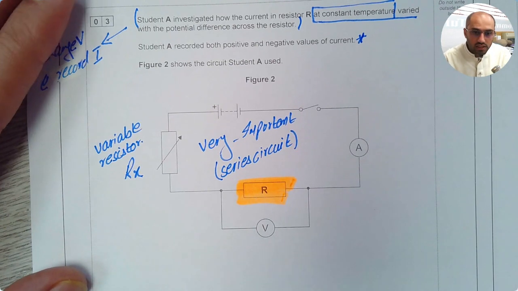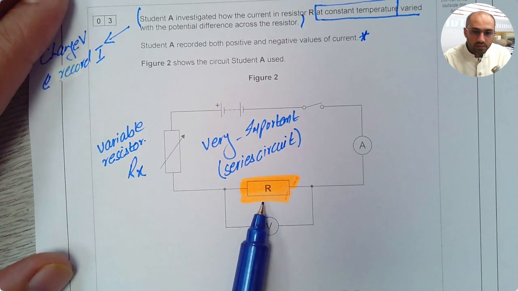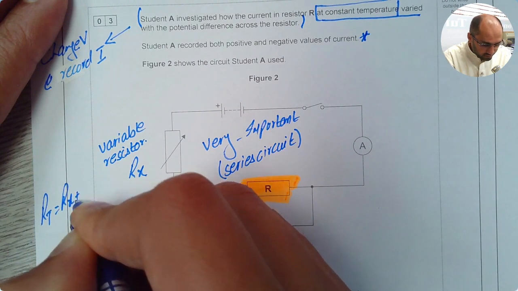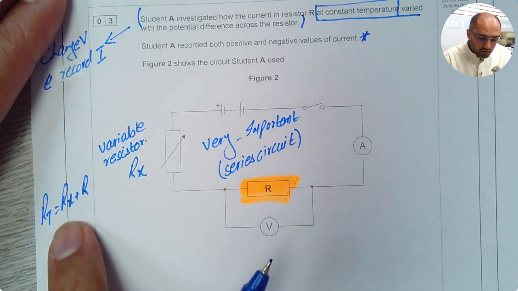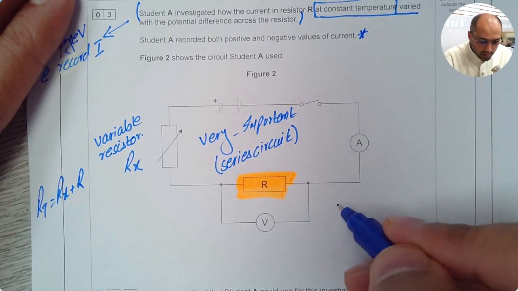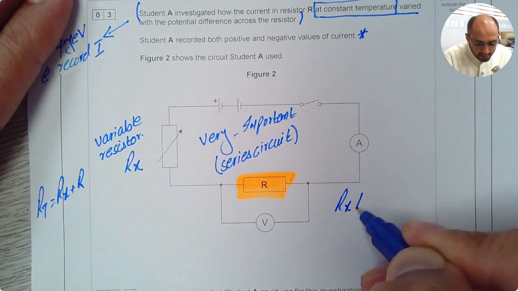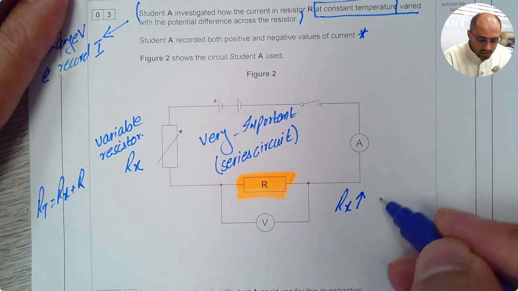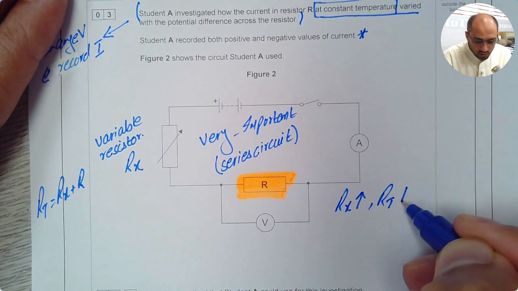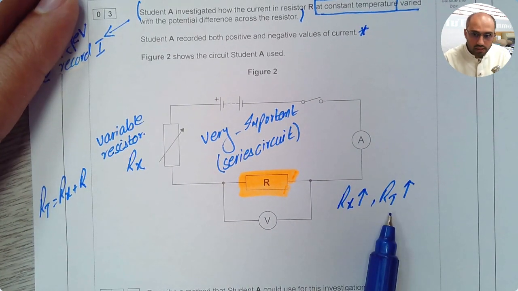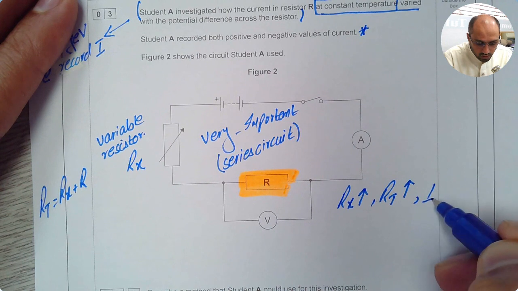The total resistance will always be Rx plus R. Now, based on this information, I can analyze this circuit and I'm going to say if Rx increases, then what will happen to the value of RT? RT will increase.